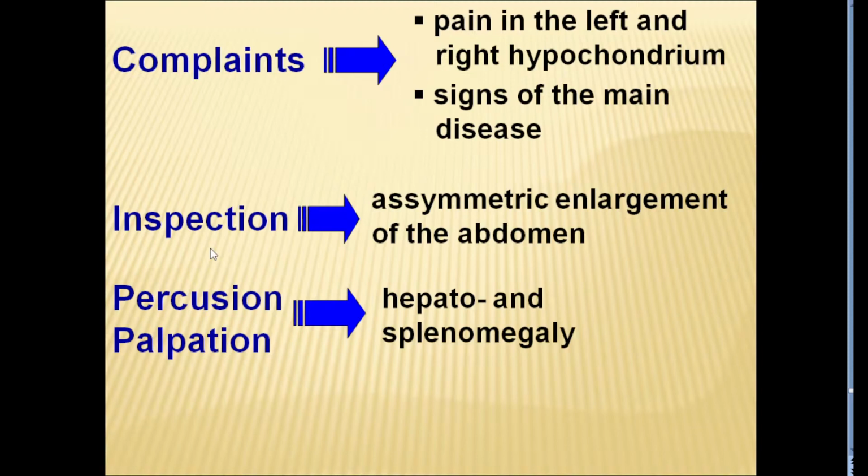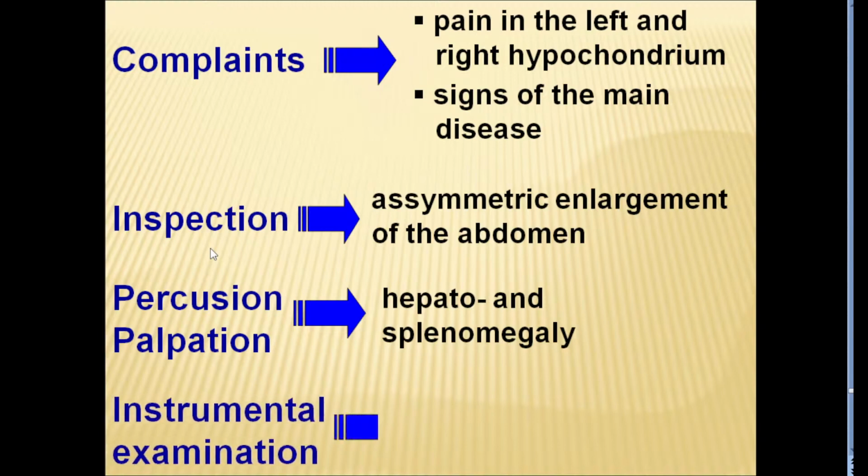To clarify our primary opinion, we'll obligatory send our patient for additional, first of all, instrumental examination. Ultrasonography or computer tomography will depend on the primary diagnosis. Patient with leukemia, more optimal is computer tomography because we want to examine lymph nodes in the abdominal cavity and it gives a more full characteristic. If a patient with liver disease, sometimes ultrasonography may be enough.